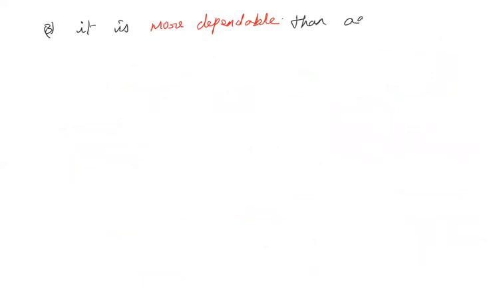Agriculture alone depends upon the climatic conditions, which are very erratic. So the industrial sector does not depend upon changes in the climatic conditions, so it is more dependable. The country's national income is more sustainable if the country depends on the industrial sector than if it depends upon agriculture.